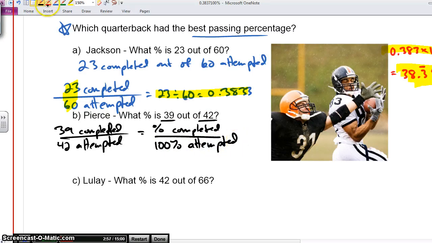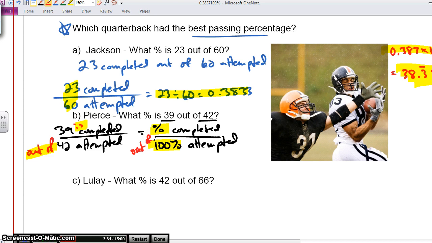Now this you might have heard referred to as the percent box. 39 is, or are, completed out of 42 attempted, and if you think about the is piece, it always goes in the top left in your percent box. The out of piece goes in the bottom left. The percent goes on the top right, and the out of 100% goes in the bottom right.